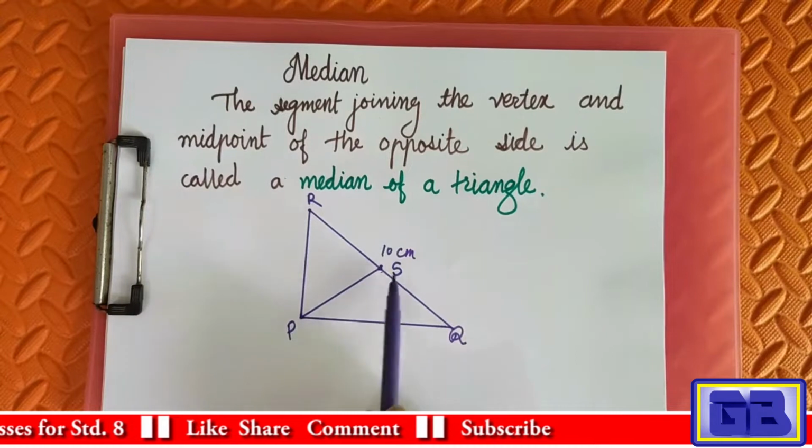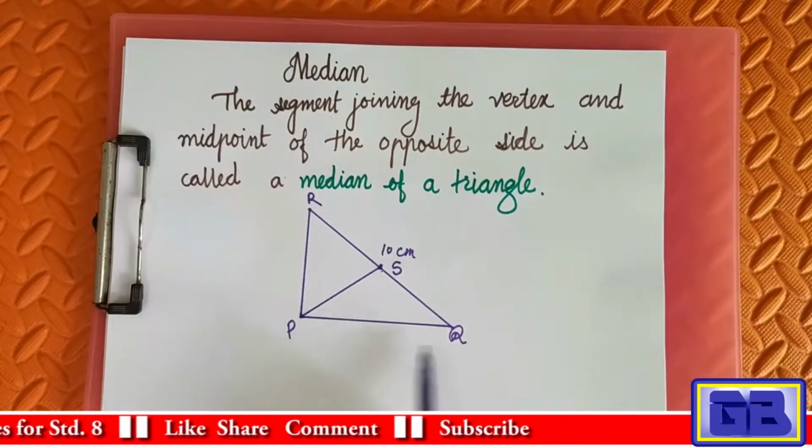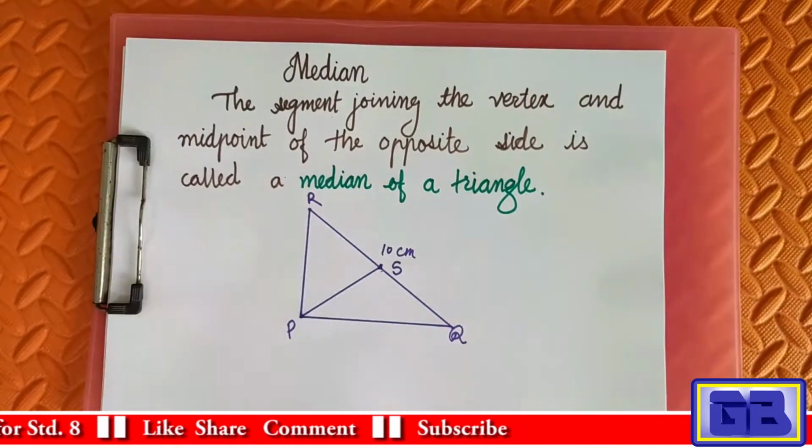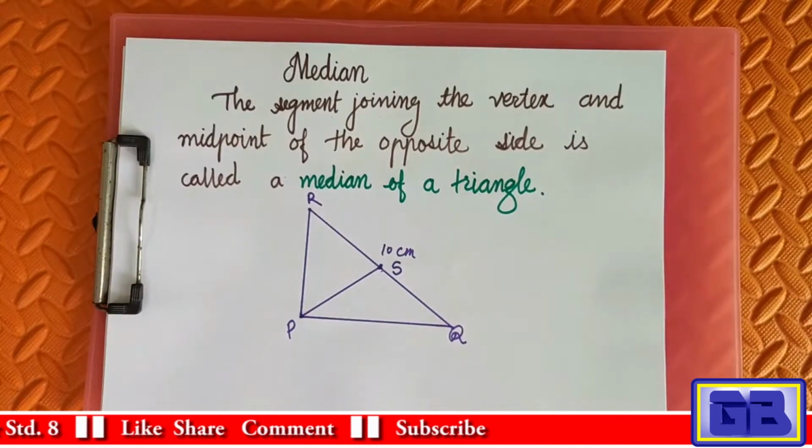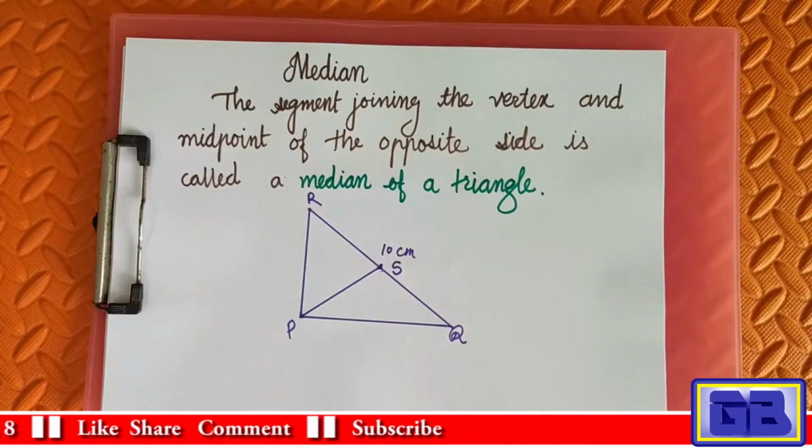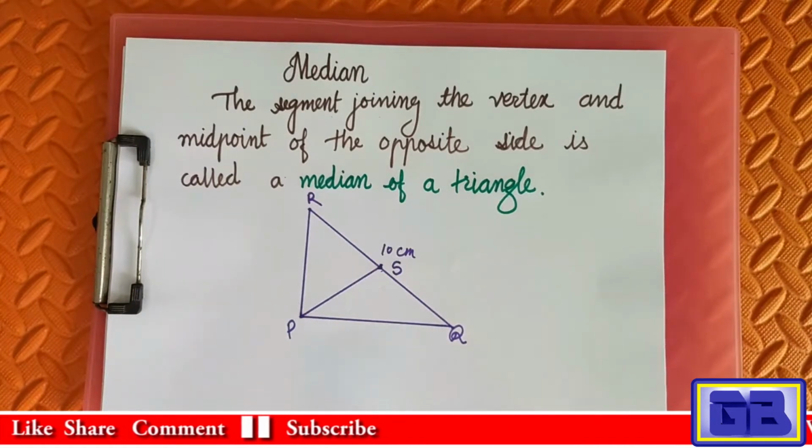Now what if you don't know the exact measurement of any side, then how will you find the midpoint? Last year in 7th standard we have learned angle bisector and perpendicular bisector. So the same method we will use.